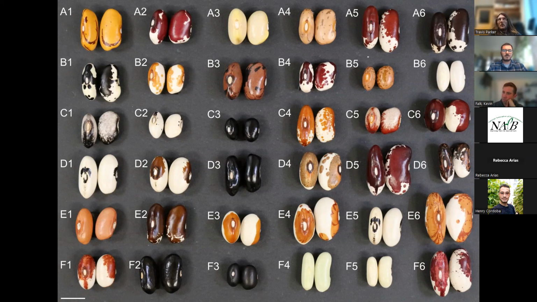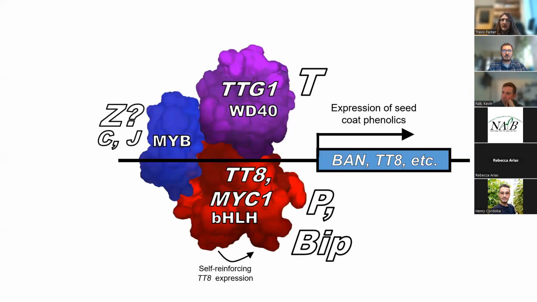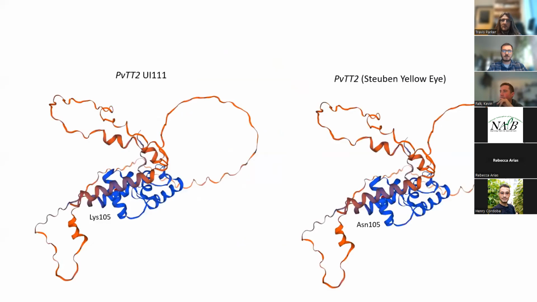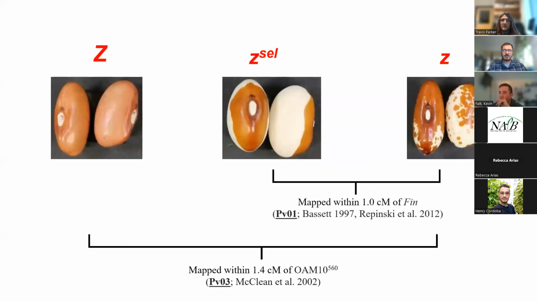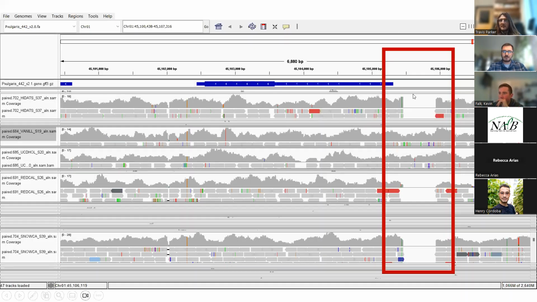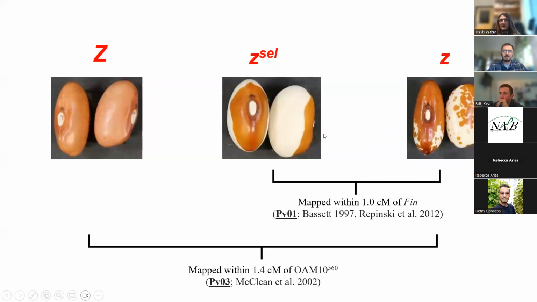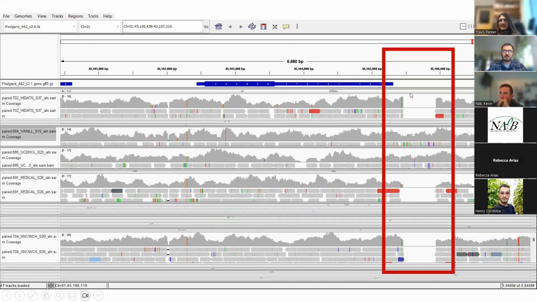Yeah, we're always looking at promoter sequences. For example, this difference between these different color patterns, we think is the result of this deletion just upstream of a gene. It depends maybe on your exact definition of a promoter.